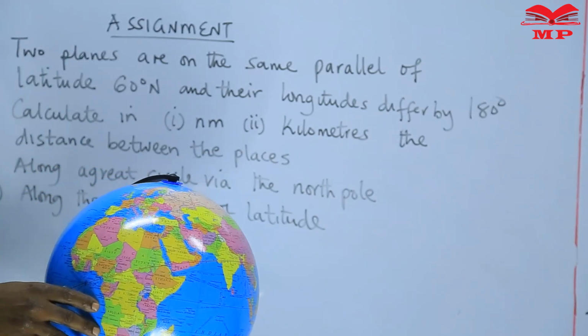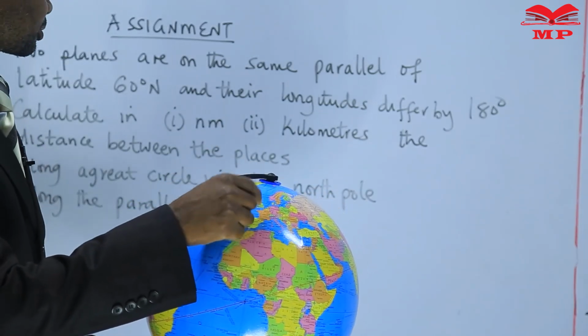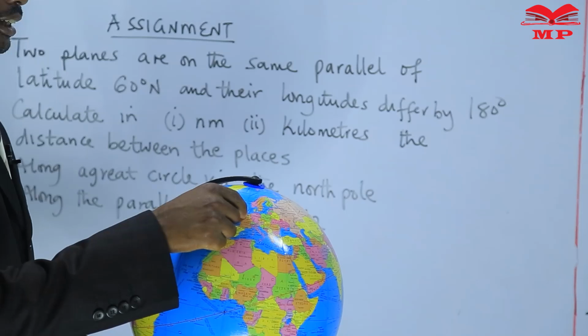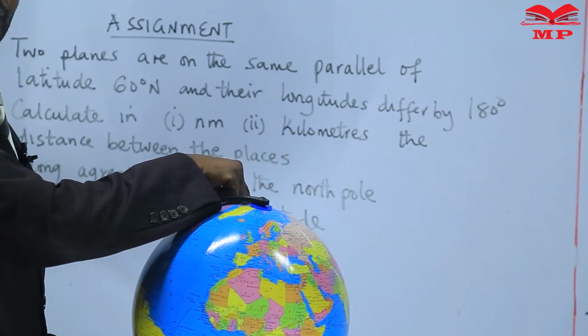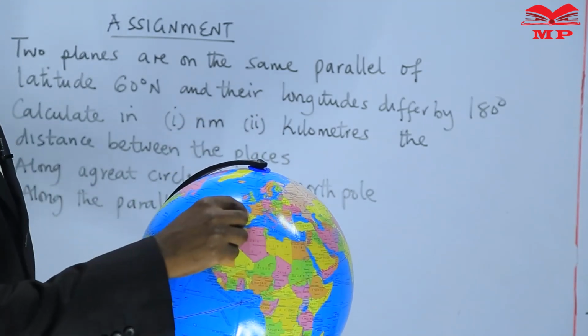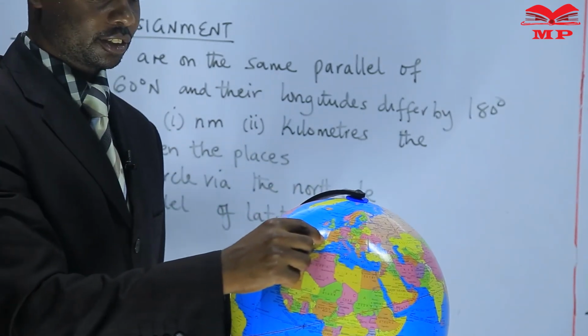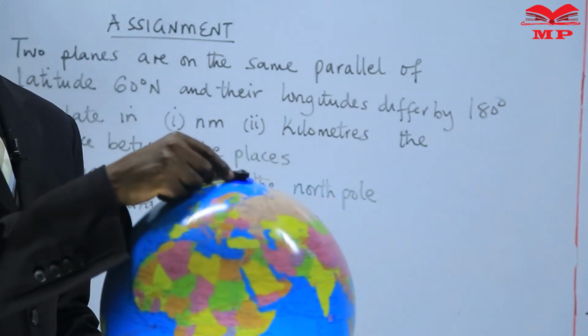You listen here very carefully. So if it is a circle via the North Pole, you'll actually move through the North Pole. And the reason is that here you are at 60 degrees. This is the maximum, the North Pole. At the North Pole, it is 90 degrees.